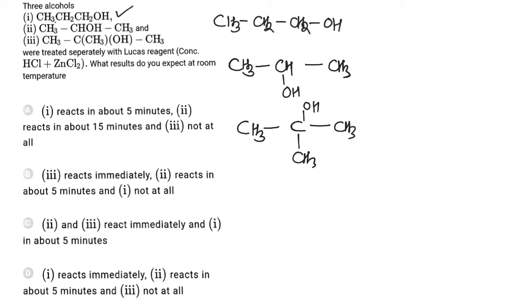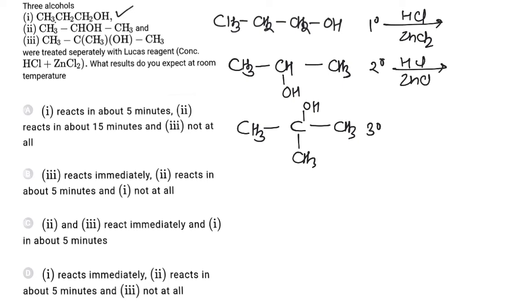So we have 1-degree alcohol, 2-degree alcohol and 3-degree alcohol. When they are treated with Lucas reagent, HCl and ZnCl2, what result do you expect at room temperature?